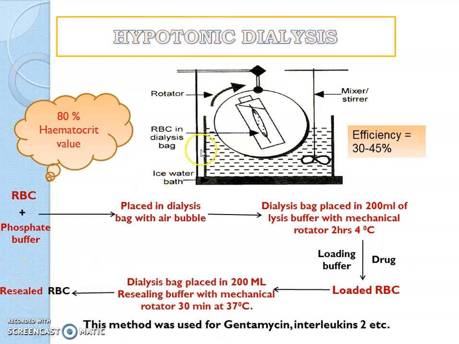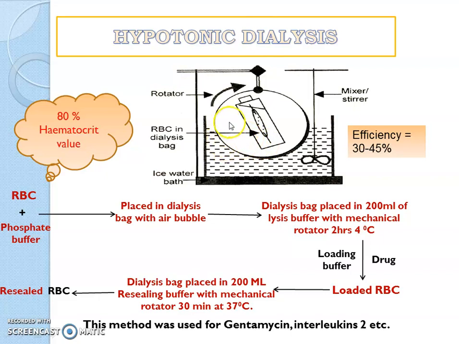See here, this is the diagram. In that, this is the dialysis tube where the erythrocytes are present. These tubes are placed into the bottle and it is placed into the rotor. Here mechanical energy is provided, and in this method there is a formation of the resealed erythrocytes.